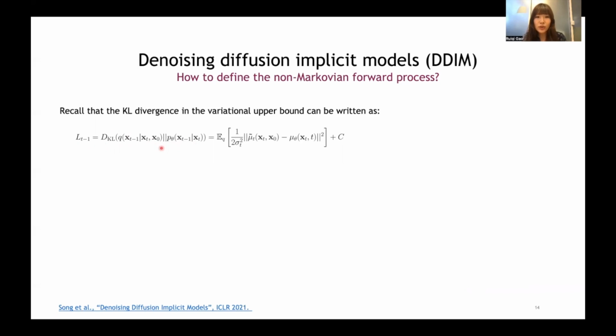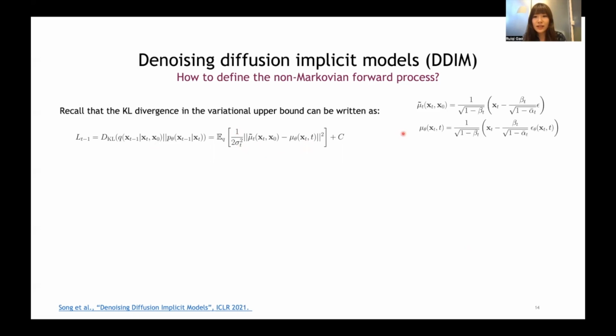Because both of these are Gaussian distributions with the same variance sigma_t squared, this can be written as the L2 distance between the means of these two distributions times a constant.